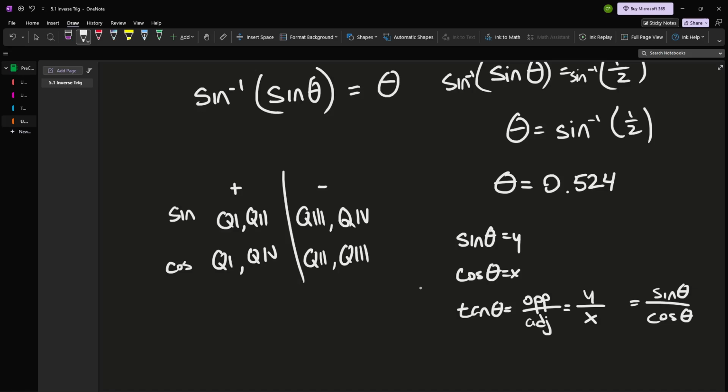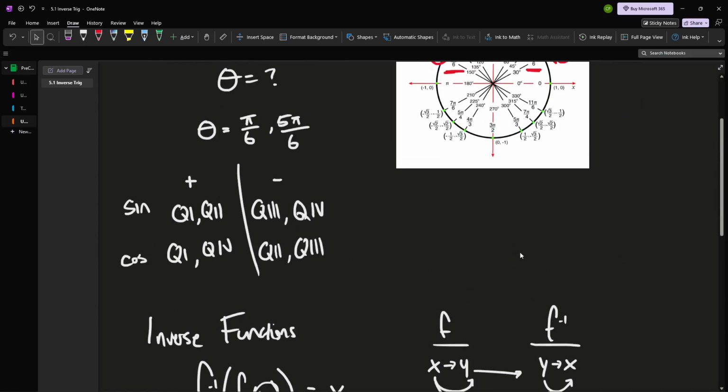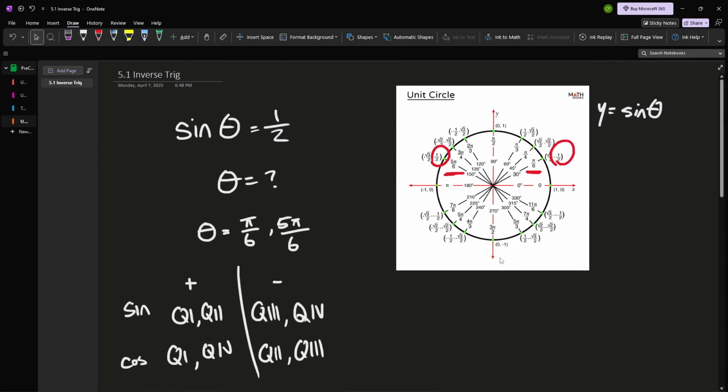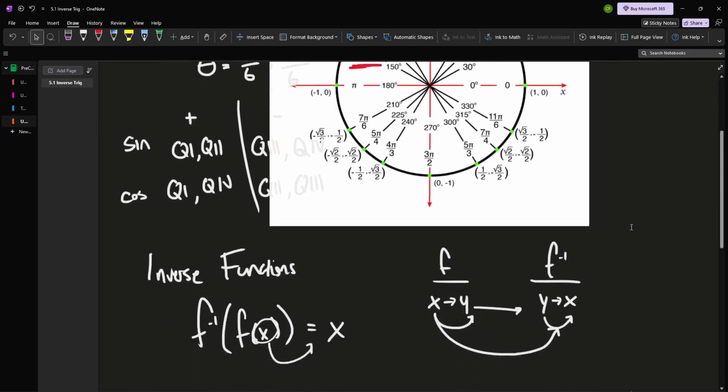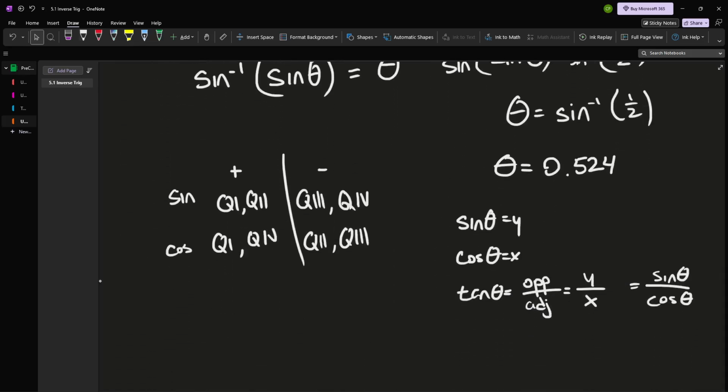Looking at our unit circle, we want to see where y over x is positive and where y over x is negative. In quadrant 1, when y is positive and x is positive, positive divided by positive is positive. So tangent is positive in quadrant 1. All trig values are positive in quadrant 1.